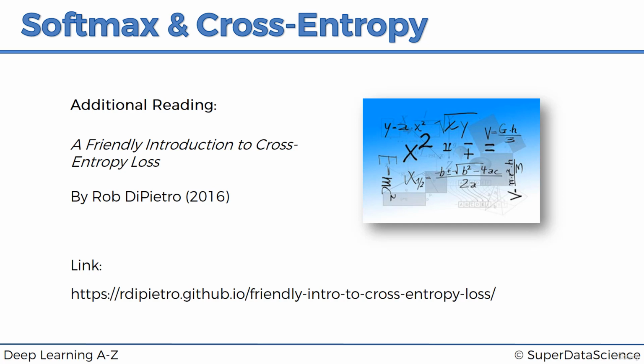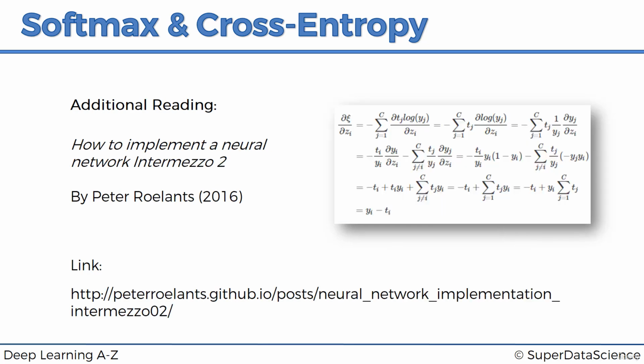If you want to dig into the heavy math, like what you see here, then check out a blog called How to Implement a Neural Network Intermezzo 2. So intermezzo is like an intermediary thing, like when you go to a theater and you have a break between the first part and the second part.